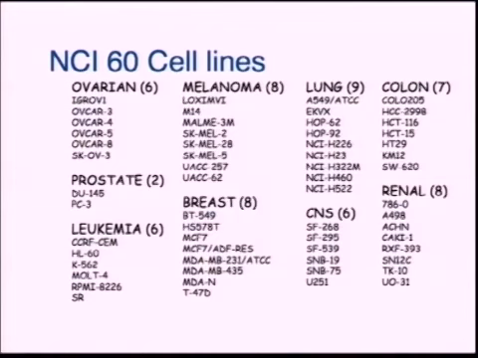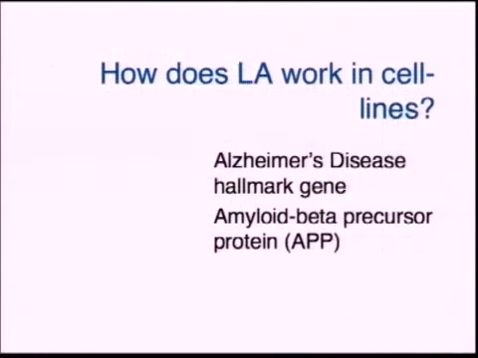You can apply some drug and see how many cells it killed, in order to determine the effectiveness of the drug. So people have been using microarrays to determine the gene abundance in each cell line and try to see some relationship between the gene expression and drug response. We have that kind of data available from the internet, and I simply use it to illustrate some genes involved in Alzheimer's disease.